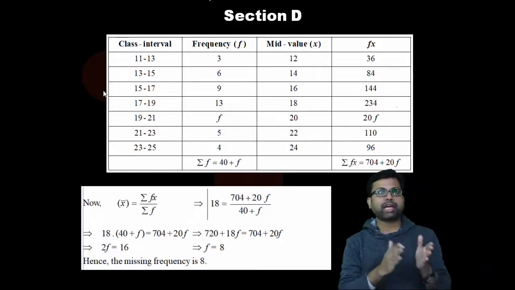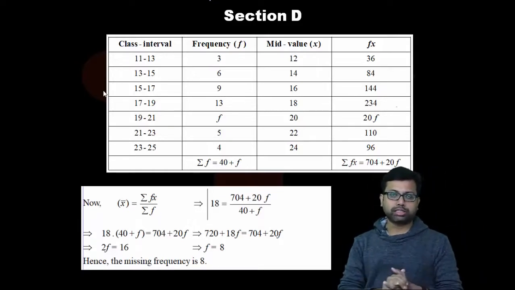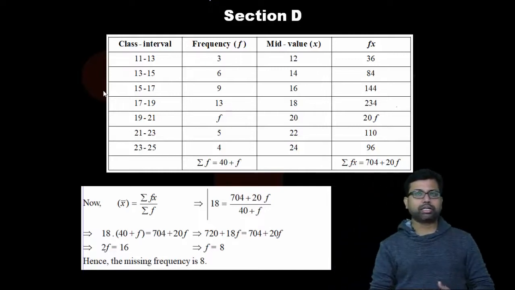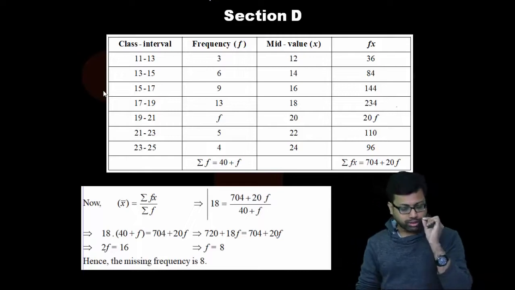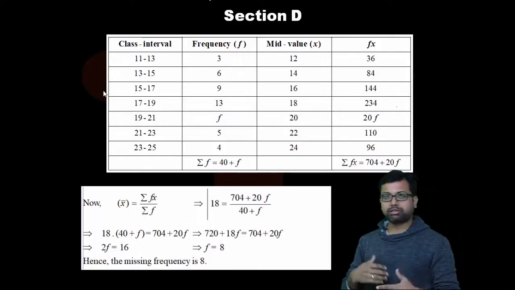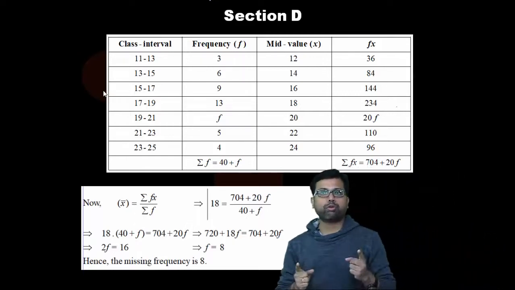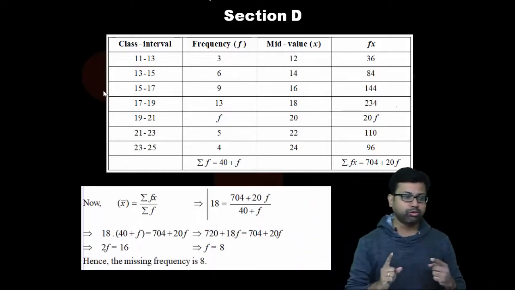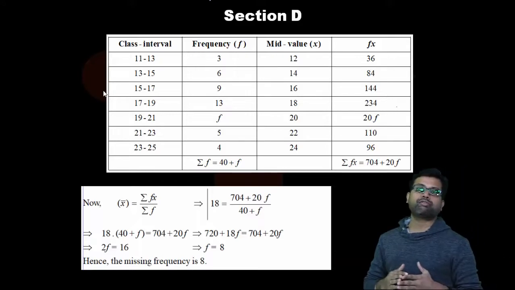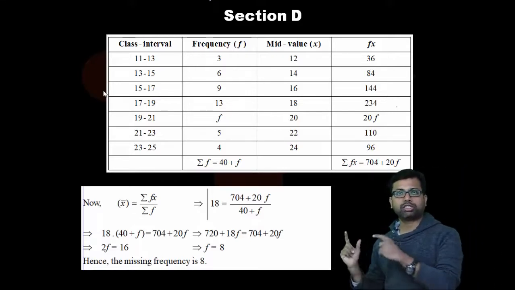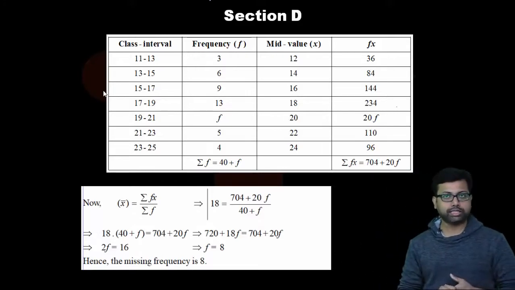So you multiply f into x for each of the classes and you get a set of data. You take the sum of all the f into x. All of them will be certain fixed values except for one where the frequency is missing, which will be equal to 20f. So you take the sum and what you get is 704 plus 20f. So this is what sigma fx is.